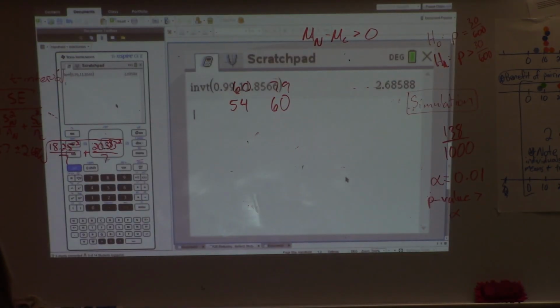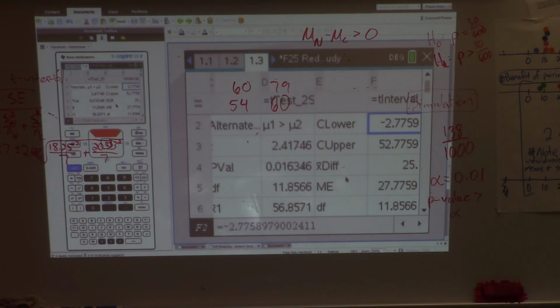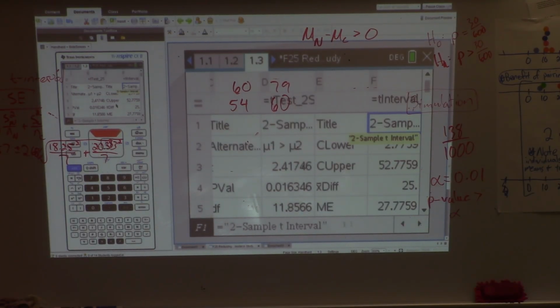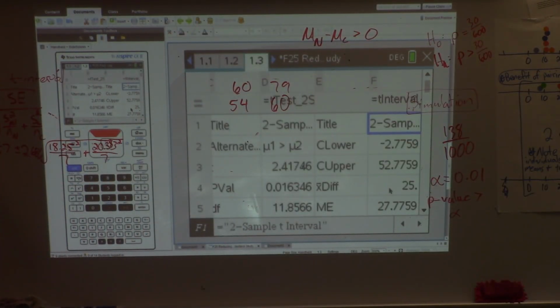Alright, so from there, what's my confidence interval? Based on this confidence interval here, does this provide convincing evidence that the new medicine is better?